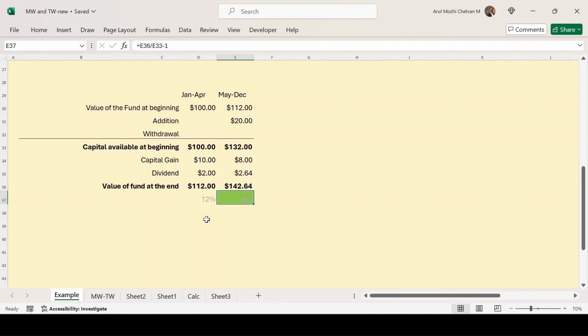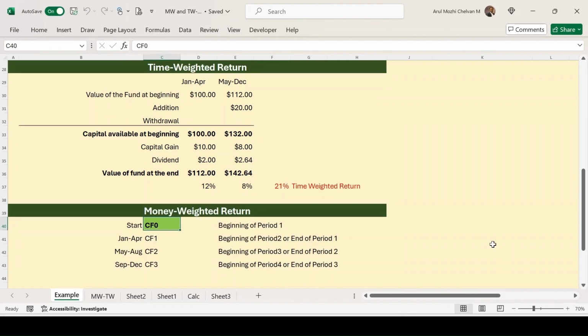Similarly, 8% is the second period return. So now we can calculate the annual return: 1 plus 12% multiplied by 1 plus 8% minus 1. So 21% is the annual return, that is the time weighted return for the Wallbright fund.